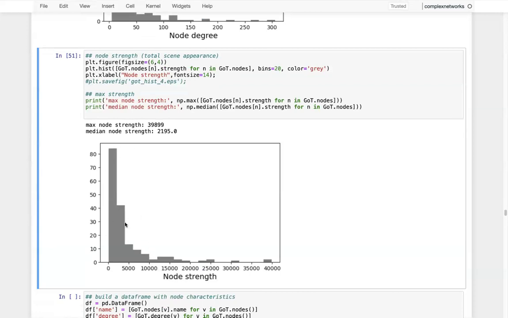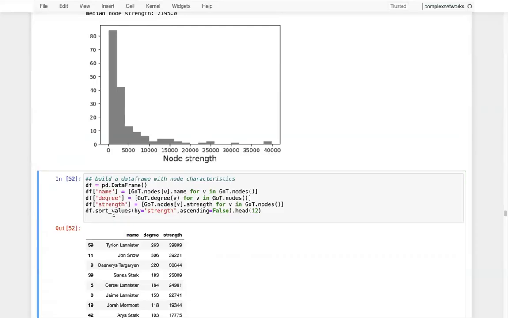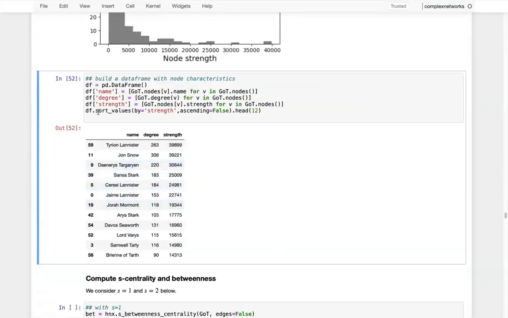Most of the characters do not appear that much, but of course the main characters will appear in a lot of scenes, so their total duration is pretty high. We store all of those in a data frame, and if we sort the rows with respect to the strength, the total scene duration, we can see the main characters of the series have appeared the most, which of course makes sense.